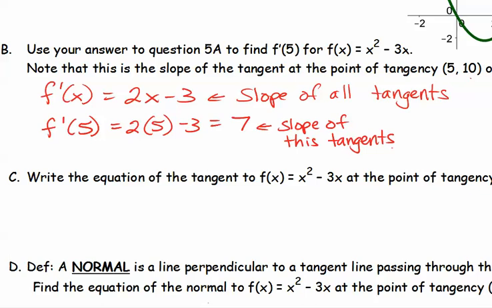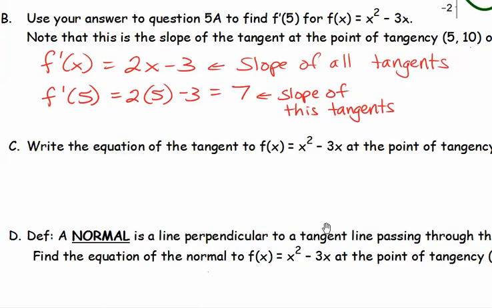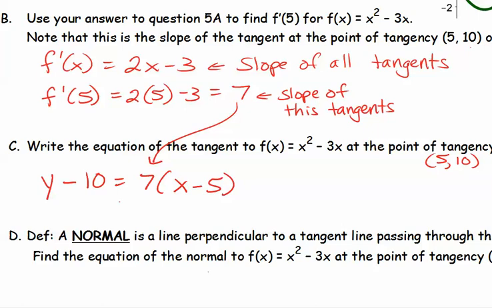All right, so now we want to write the equation at the point of tangency (5, 10). I've just kind of cut that out of my screen here, sorry. So we simply want to put in our y coordinate and our slope from our derivative. Once we know the derivative formula, we know the slope of the tangent lines.